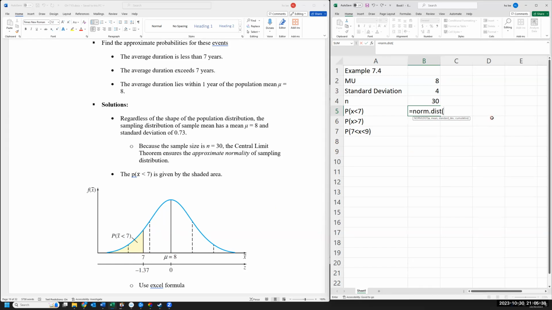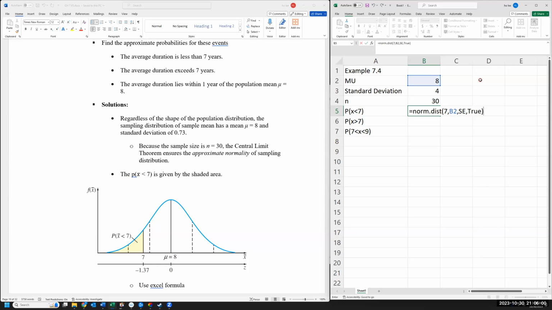The first number we put in is x, which is 7, the cutoff. The mean, which is 8. The standard deviation, that's the standard error. And cumulative, we want true.